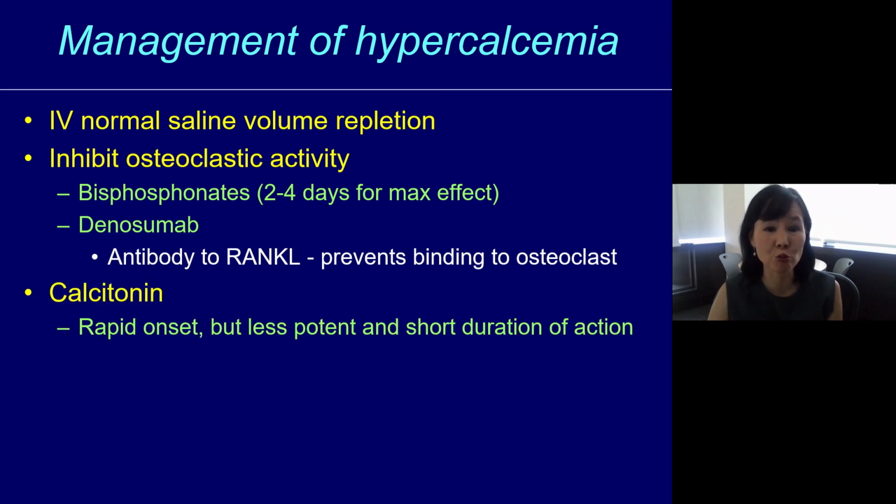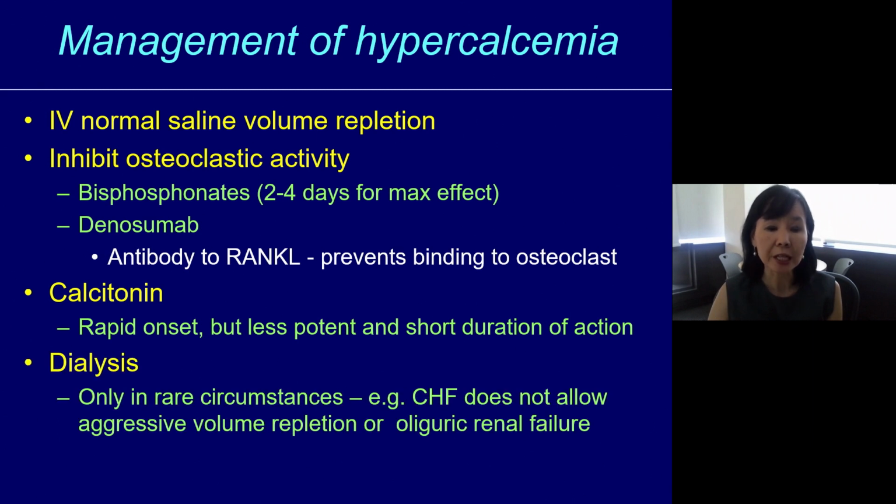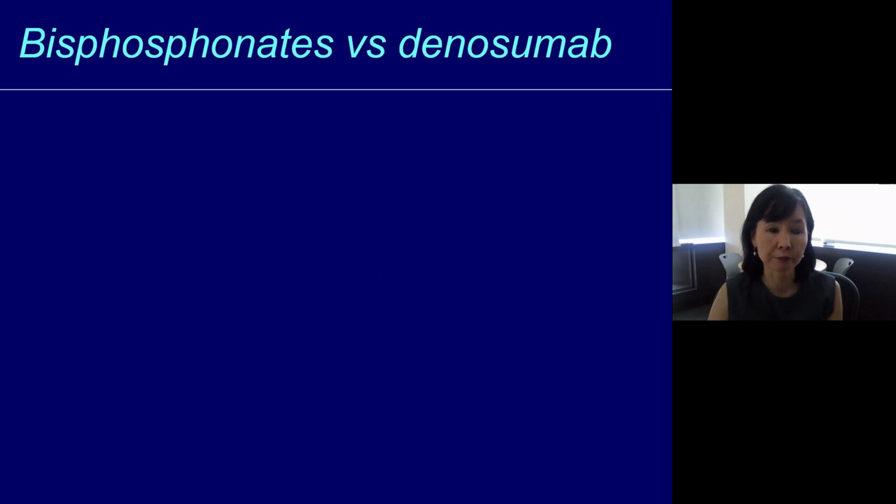Calcitonin actually has very rapid onset, but is much less potent and has a very short duration of action, so we don't really use it that regularly. Dialysis is only used in very rare circumstances. So that's, for instance, if someone has congestive heart failure and it does not allow aggressive volume repletion, or if someone has oliguric renal failure.